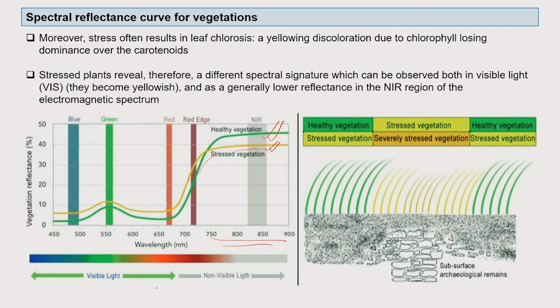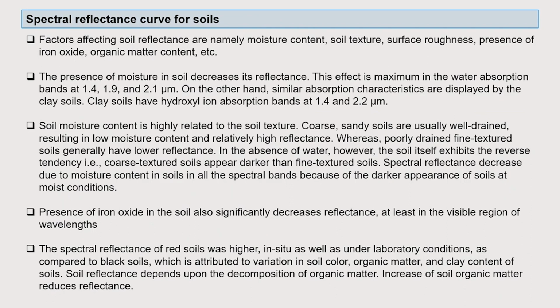You see that the reflectance percentage is pretty low for stressed vegetation, especially in the NIR wavelength. In the visible light wavelengths, the reflectance percentage is higher for stressed vegetation, and in the non-visible wavelengths, the healthy vegetation gives a higher reflectance percentage. This is another picture which shows how things change in healthy and stressed vegetation. The green color is healthy vegetation, then you see the stressed vegetation, and again healthy vegetation, depending upon the chlorophyll nature, which is highly regulated by the stress conditions that the plant may face.